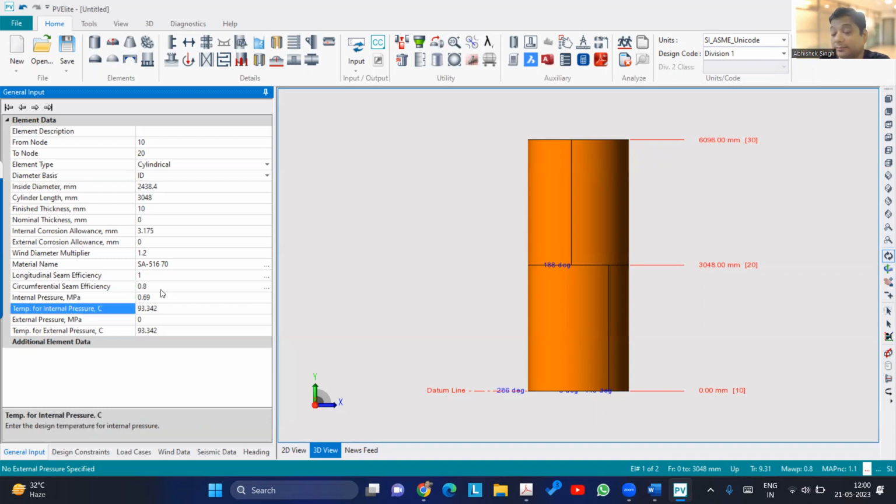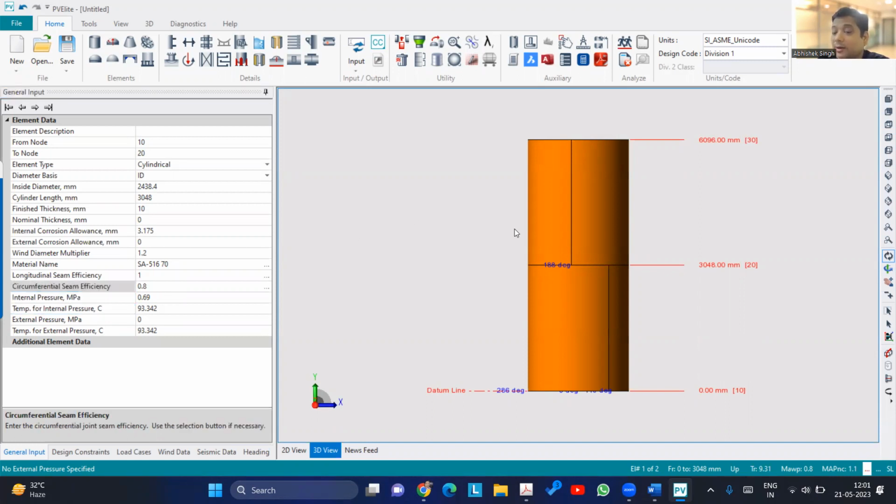Now if you are having other loading also, let us say wind or seismic, in that case, once you apply that load, there will be additional stresses in the longitudinal direction. That may add to the longitudinal stresses, and then your longitudinal stress may become governing. In that case, it is very important to put the right value.